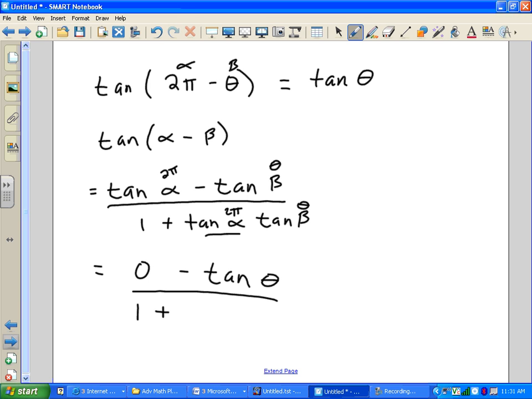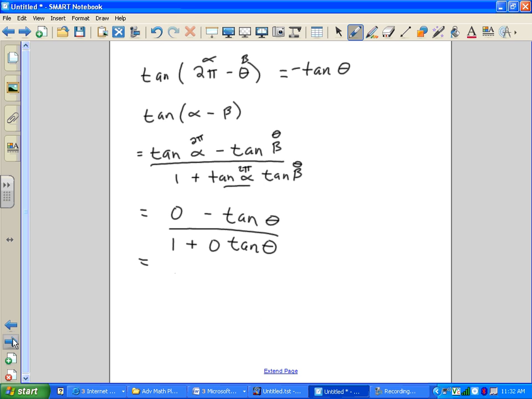And so does it even matter what tangent of beta is, really? No, because it's just going to go away. Okay. Yeah, I think it was supposed to be negative up there. Okay. And so 0 minus tangent of theta would be negative tangent theta. And then look what I'm going to get on the bottom. Yeah, just 1.